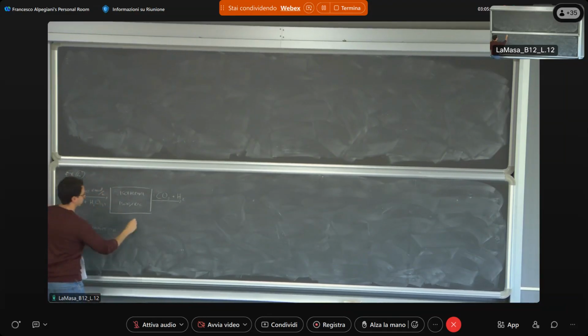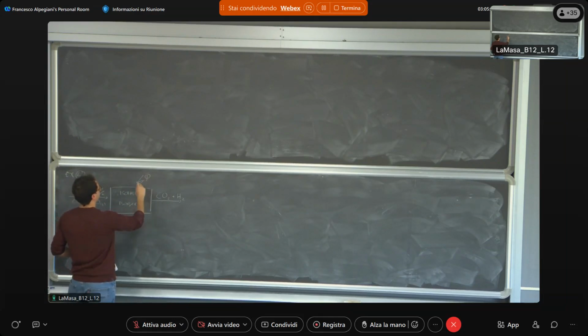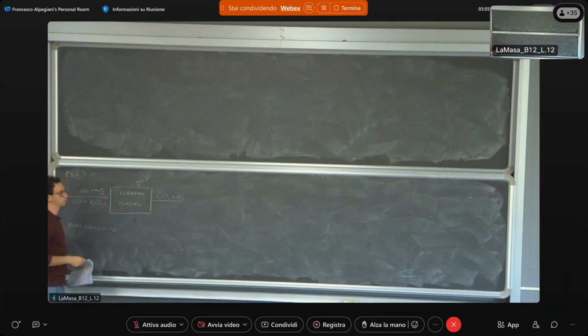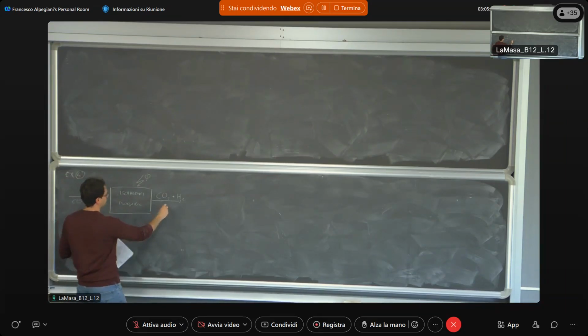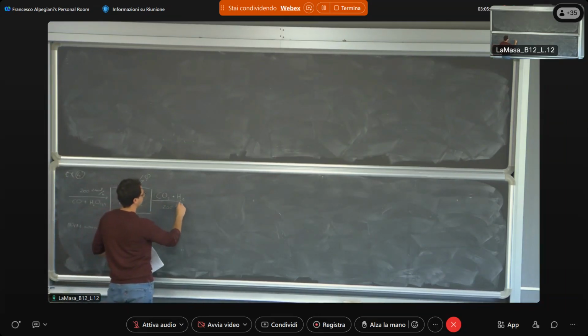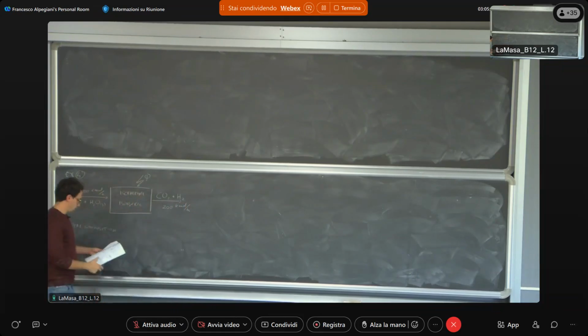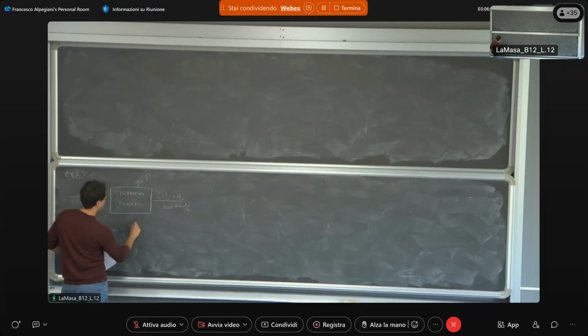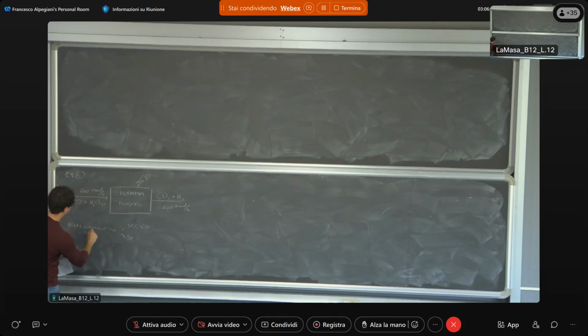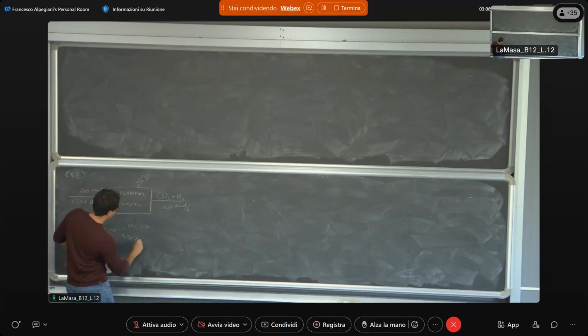Since we have some heat entering that favors the reaction, and that is used essentially to break the bonds between the atoms, at the exit always 200 kmol/h. Then what we know is essentially the molar composition, so 50% of CO at the inlet and 50% of H2O.